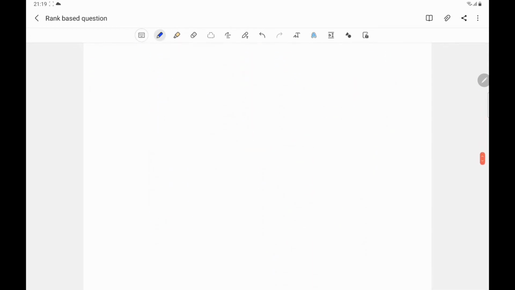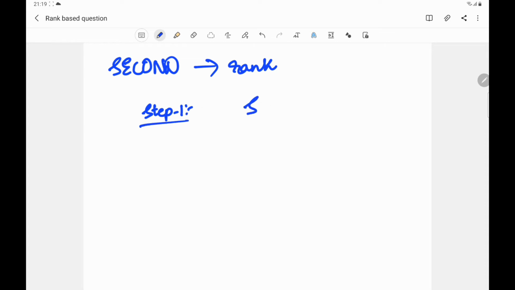Now the second question is, we are given the word SECOND and we are asked to find out the rank. So step 1 is writing in this way.